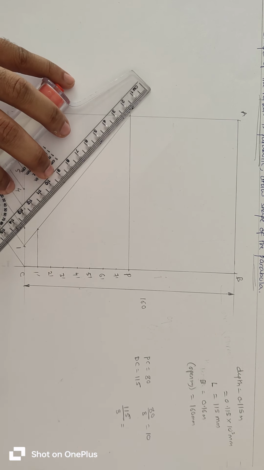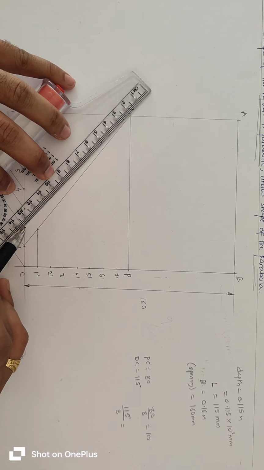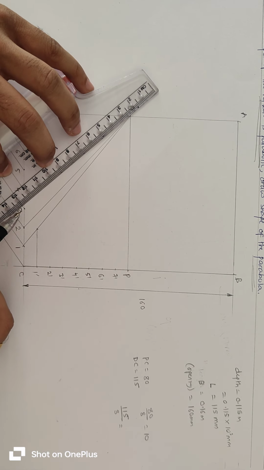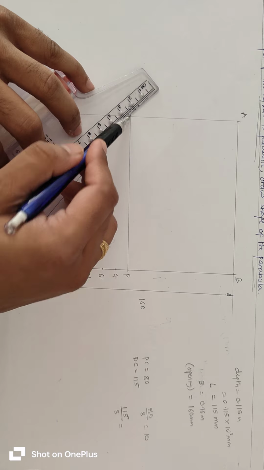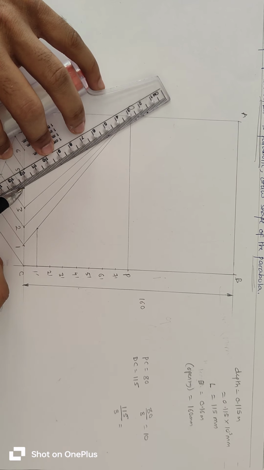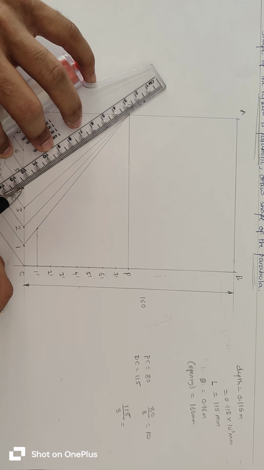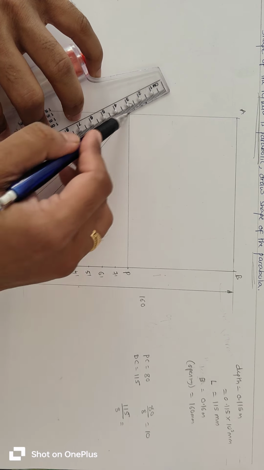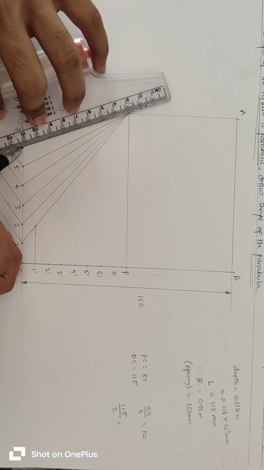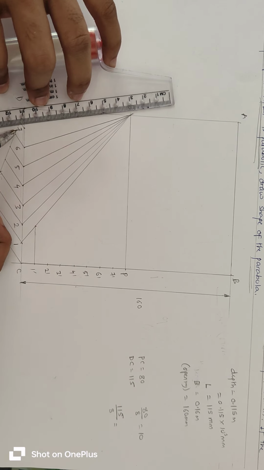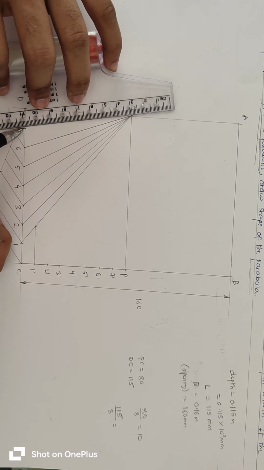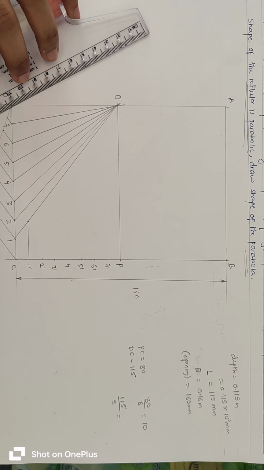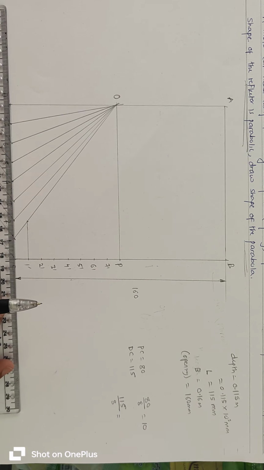Now from point O to 2, similarly draw this inclined line, and draw a vertical line.